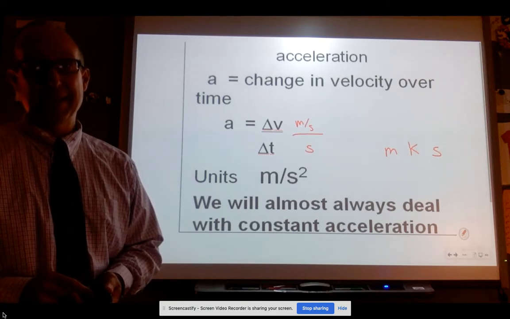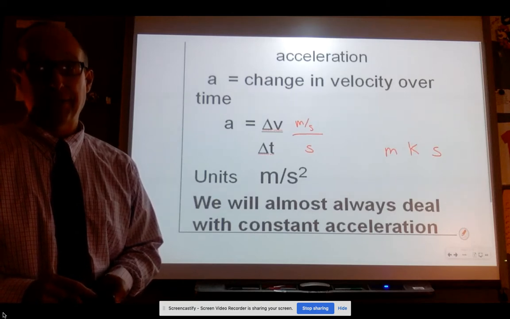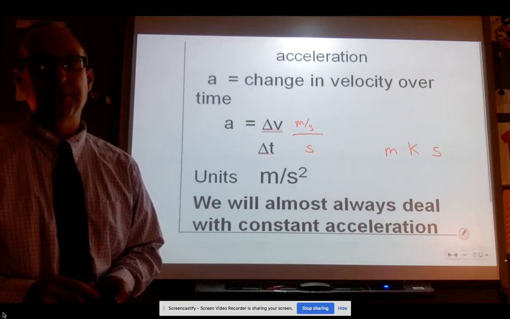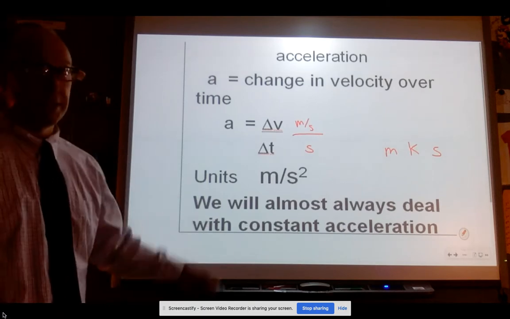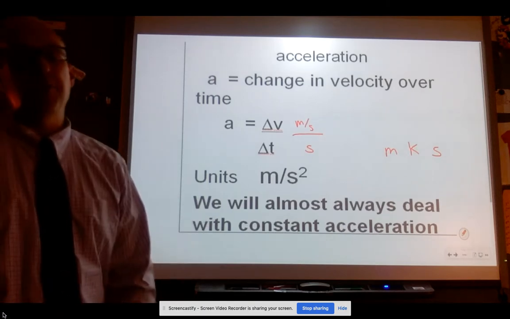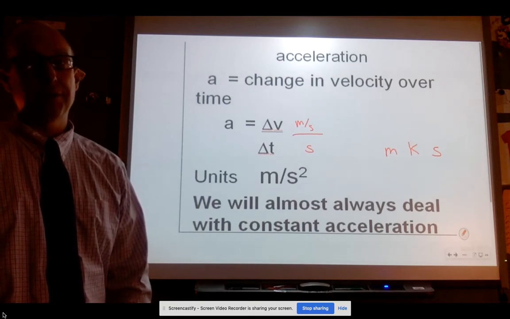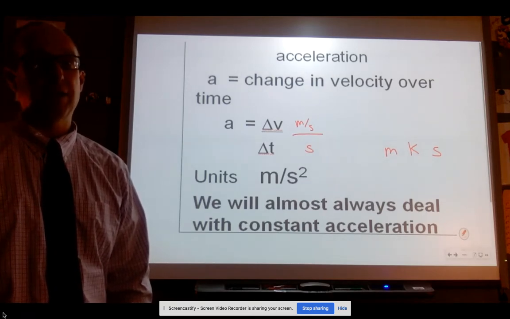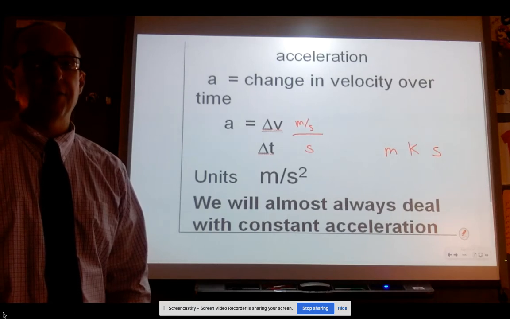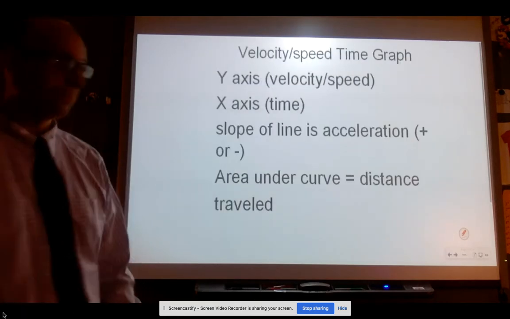Meters per second to the 6th is crackle. Meters per second to the 7th is pop. And I'm serious. We're almost always going to deal with constant acceleration. If you don't have constant acceleration, it requires calculus to solve the problems. So our equations will have constant acceleration. So that'll be an assumption for almost all of our problems.